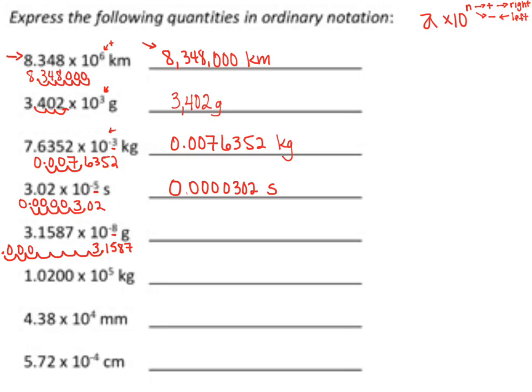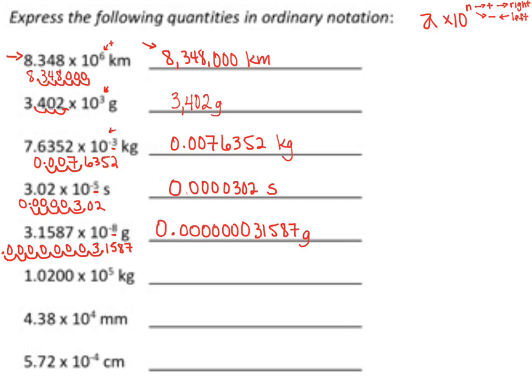Teeny tiny number. So here my answer is 0 point, and we have 7 zeros, and then 31587 grams.